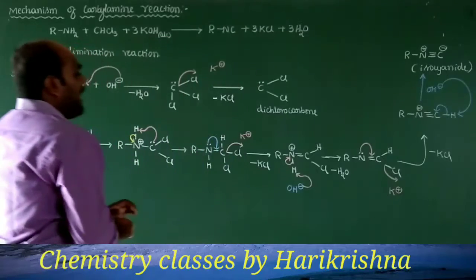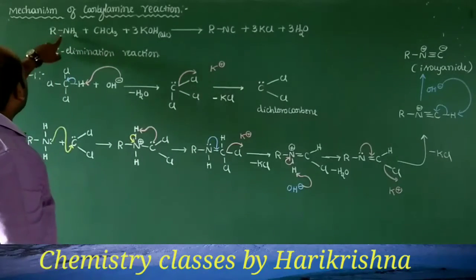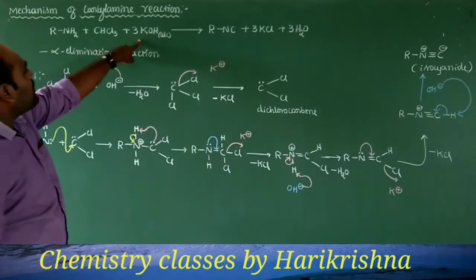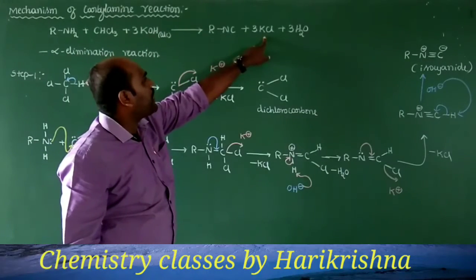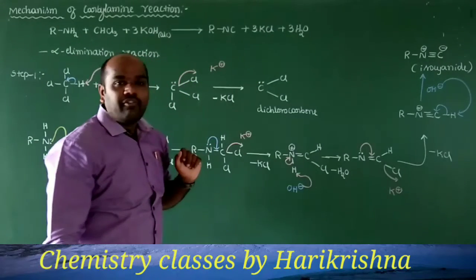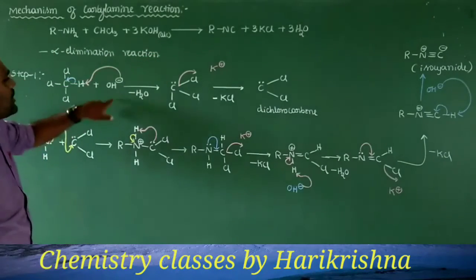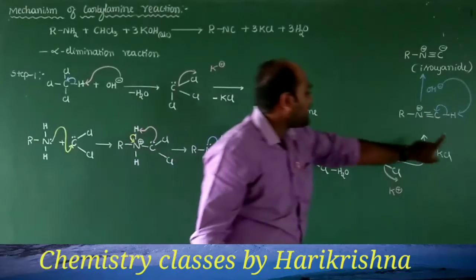So now we shall analyze the reaction with mechanism. Here I have observed there is 1 mole of amine, 1 mole of chloroform and 3 moles of potassium hydroxide, so that we will be getting 3 moles of potassium chloride and 3 moles of water. First we shall count the number of KCl. Here we observed 1, 2 and 3.